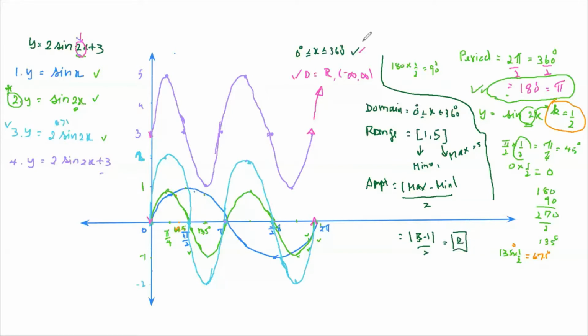Okay, so you observe this one, our 2 is the amplitude answer. At the same time, you can observe here this position, this one is also the answer for the amplitude. Amplitude equal to 2 also.